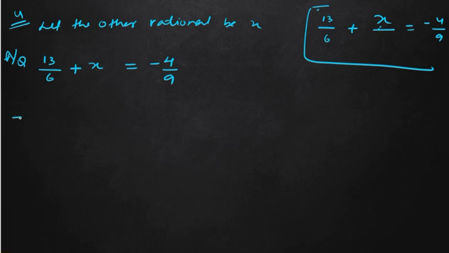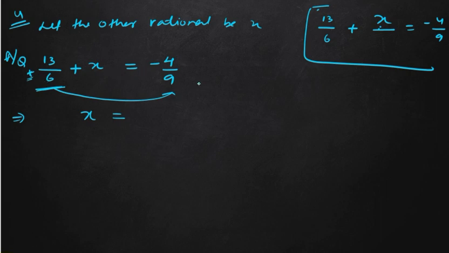So 13 by 6 plus x is here. You just need to send this number to the right side. You have to think that if there is no sign, then it is positive. If the positive changes the side, it will become negative.